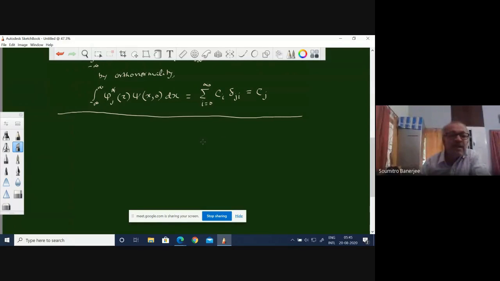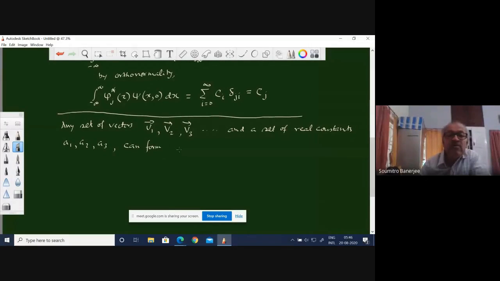For example, if you take any set of vectors, v1, v2, v3, and all that, and a set of real constants, say a1, a2, a3, and all that, then any set of vectors and a set of real constants can form another vector.